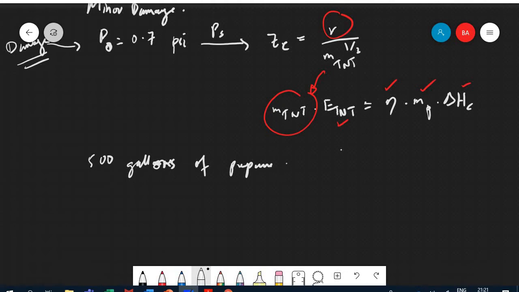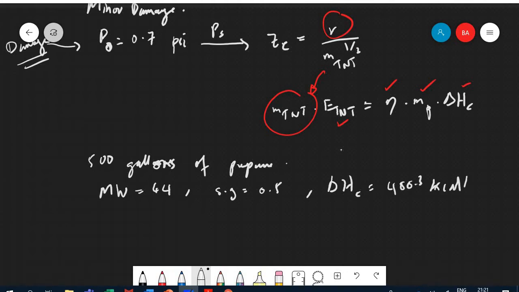What else do I have? The molecular weight of C3H8, propane, is 44. I have the specific gravity, from which I can get the density, which is equal to 0.5. My energy of explosion is equal to 480.3 kilocalories per mole.